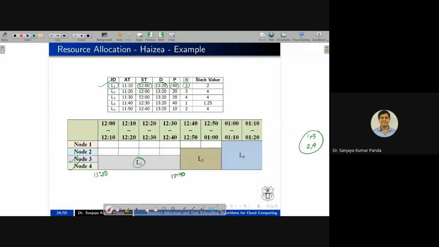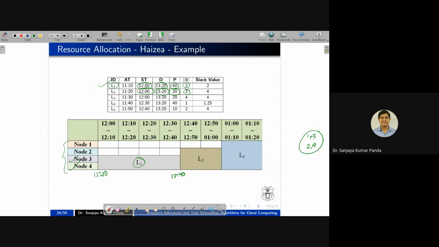Now coming to L2. L2 is asking 12 to 13:20. It is asking for 3 nodes for a 20-minute duration. Before 12:40 it is not possible to give 3 nodes, because in total you have 4 nodes and you have assigned 2 nodes to L1.